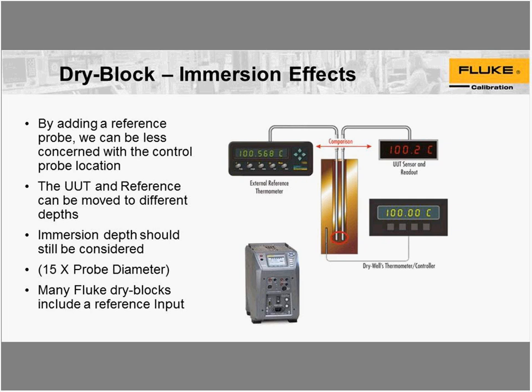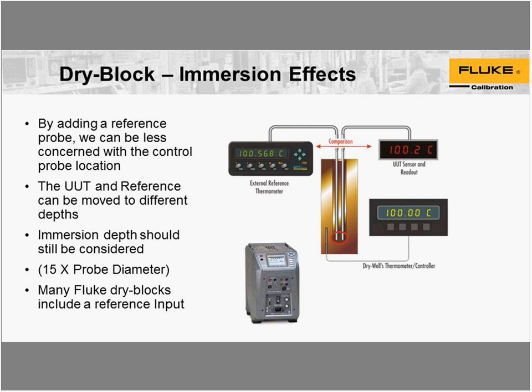And then the other one that errs more on the conservative side is just a straight up 20 times the diameter of the cell. So typically, if you have say a 1/4 inch probe and you go with one of these rules of thumb, you end up typically with a 6 inch minimal immersion to negate any errors from that.